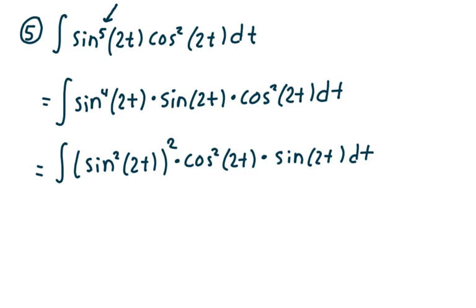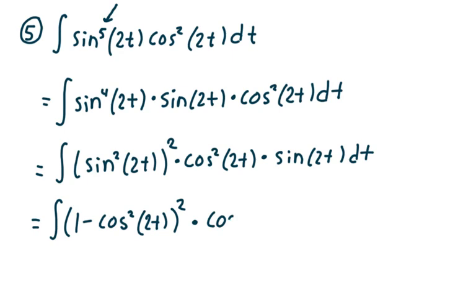But isn't sine squared of 2t 1 minus cosine squared of 2t? So I'm going to rewrite this as 1 minus cosine squared of 2t, squared, times cosine squared of 2t times sine of 2t dt.